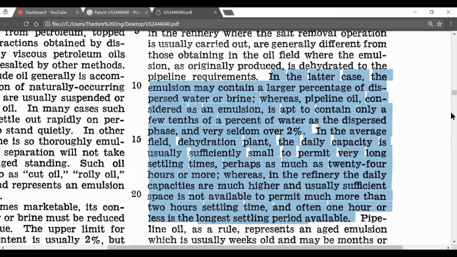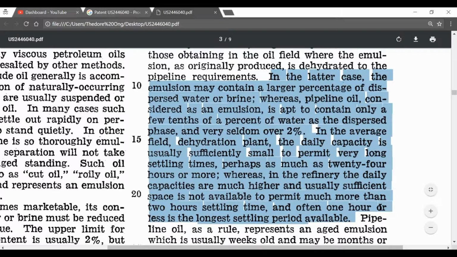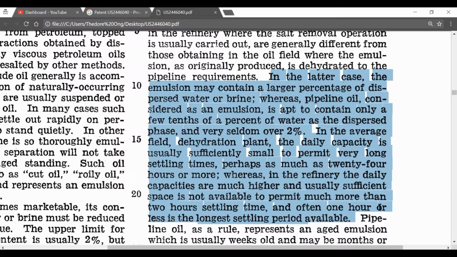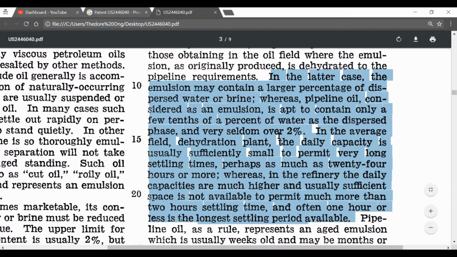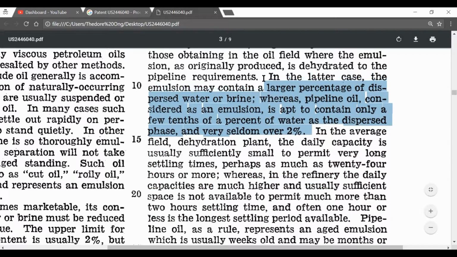Okay, what it says here is that you have an upstream process, alright? The upstream process where you produce and drill oil out of the ground. So when you drill oil out of the ground, the throughput or the amount of oil you have to desalt and process is generally less.